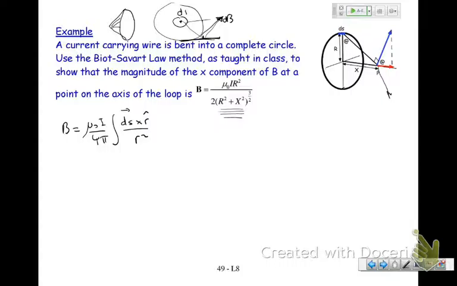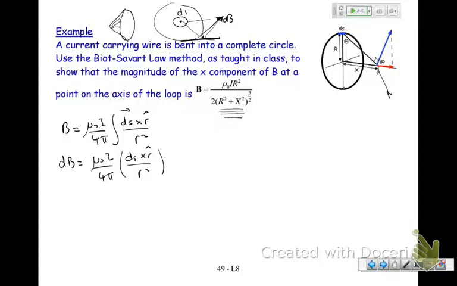Okay, so I'm just thinking things through here. Let's get my dB equal to mu naught I over 4 pi. It's not going to be an integral, it'll be ds cross r hat over r squared. So that's that bit just for one of them.